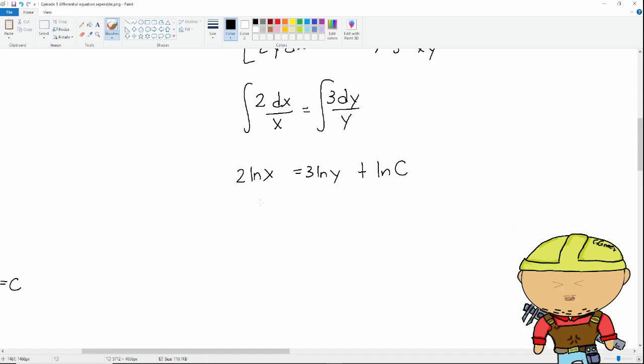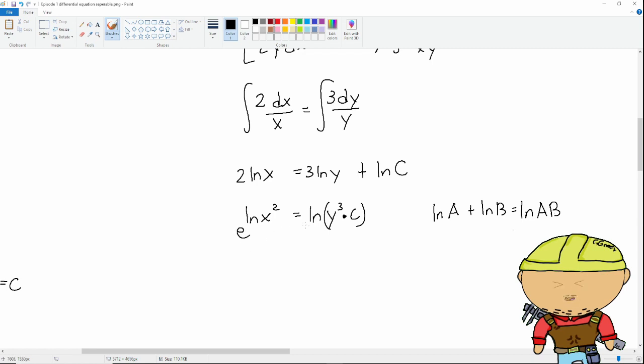Simplification, we're going to have ln x squared is equal to ln y cubed plus ln c. Property of logarithm, let's just use a and b: ln a plus ln b is equal to ln ab. To be more specific, natural logarithm functions.